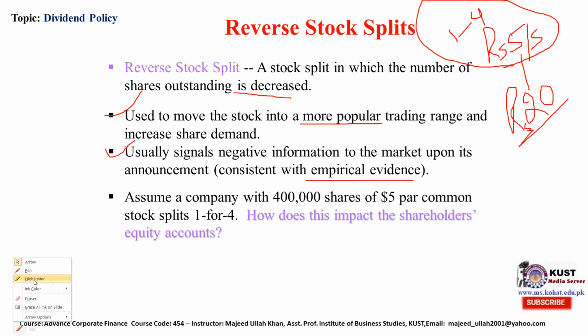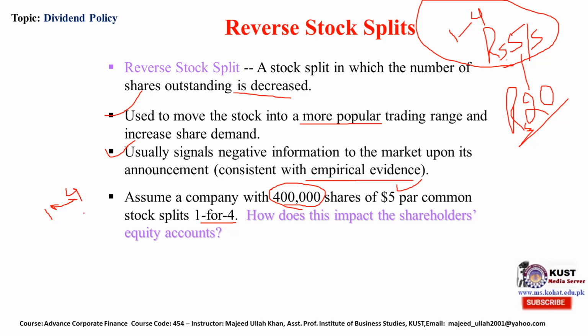Now we will move to the practical example of how it will be treated in the shareholder equity portion of the balance sheet. Assume a company has 400,000 shares at par value $5. A 1-for-4 reverse stock split occurred. It means 4 shares will be merged into 1 share.